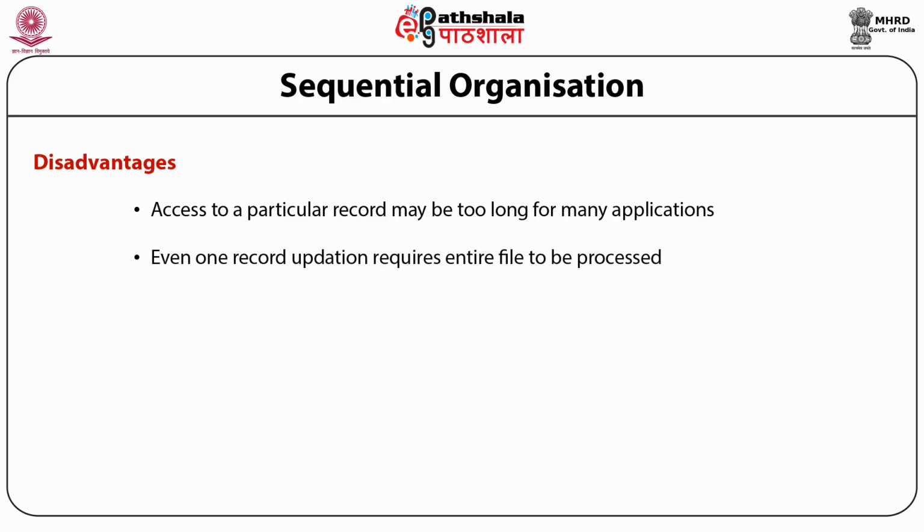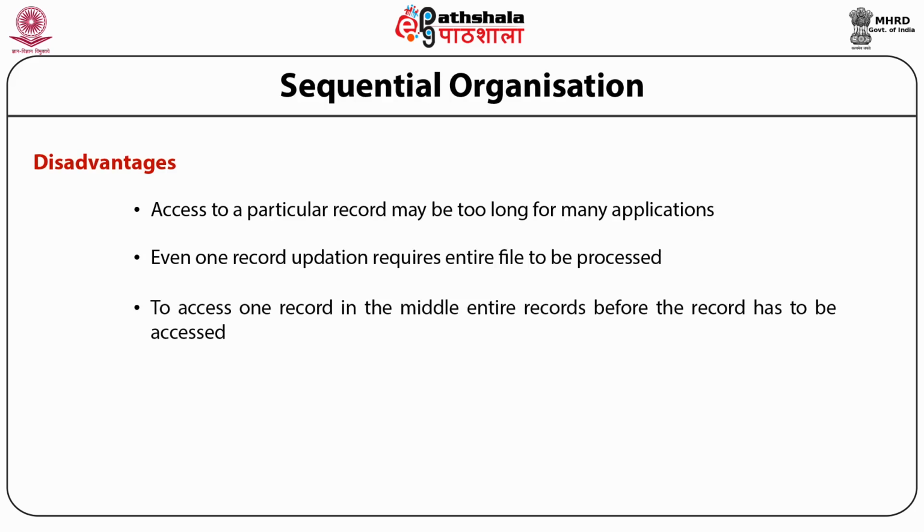One record updation requires the entire file to be processed. Say for example, if you want to update a record in a sequential organization, you have to bypass all the previous records just to reach the particular record you desire to update. To access one record in the middle, all the records before it have to be accessed.